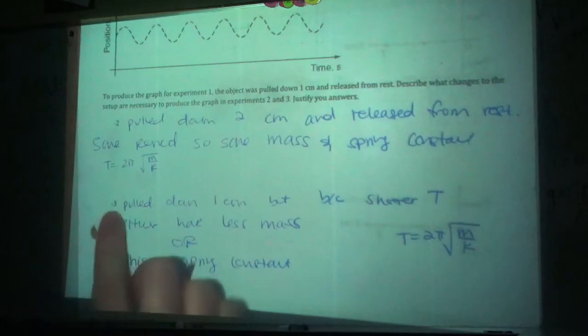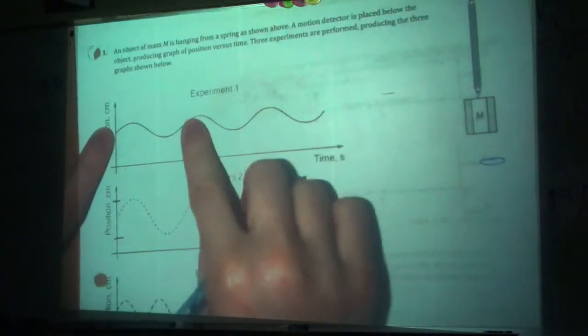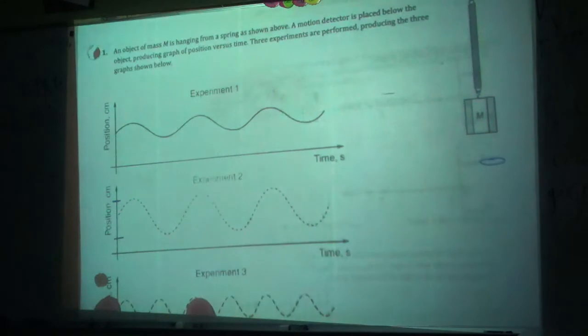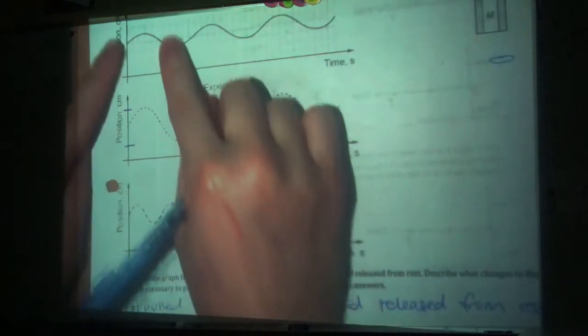And then I saw a couple people in class today put the numbers, because in fact you have half of the period, right? In this one, a full oscillation took this much time, you get 2 oscillations, so you can see now half the amount of time to do 1 oscillation.